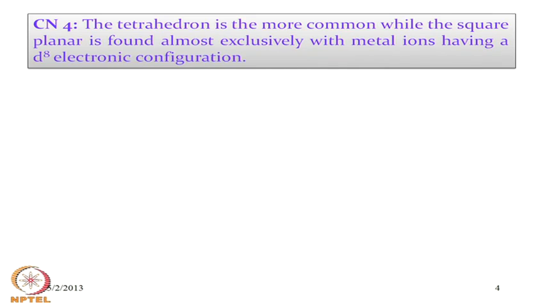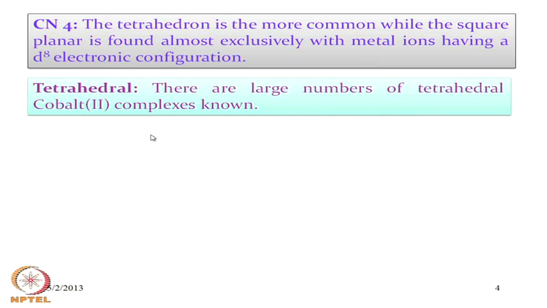So, if we have a d8 configuration, we think we can have the square planar geometry. The other alternative is the tetrahedral geometry, and in the case of cobalt we can have a large number of tetrahedral cobalt 2 complexes.